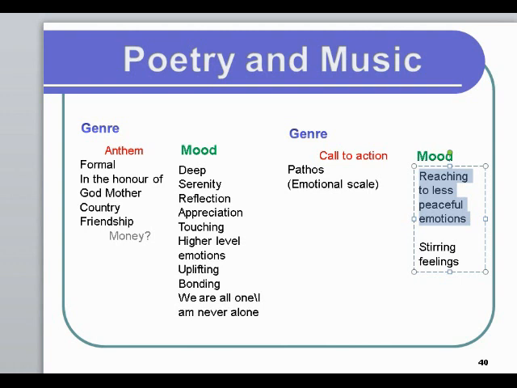And then once children work very aware with moods and rhythm, like we have in Australia a different rhythm for an anthem than a call to action, which is a Chinese kind of rhythm, once children have a grip of rhythm and mood, they can gradually start writing their own first lines.